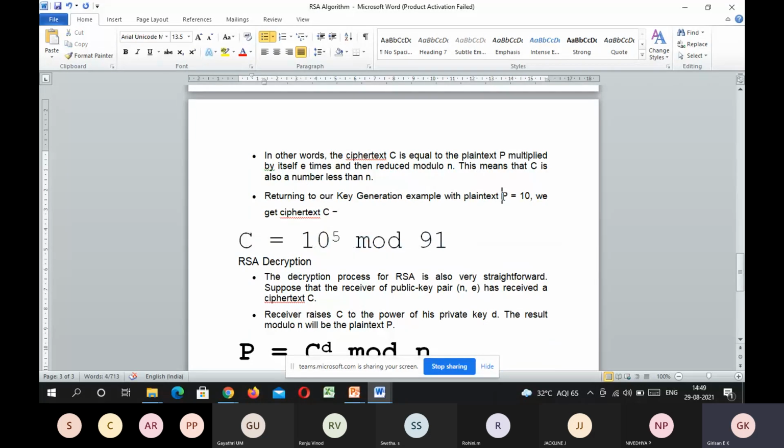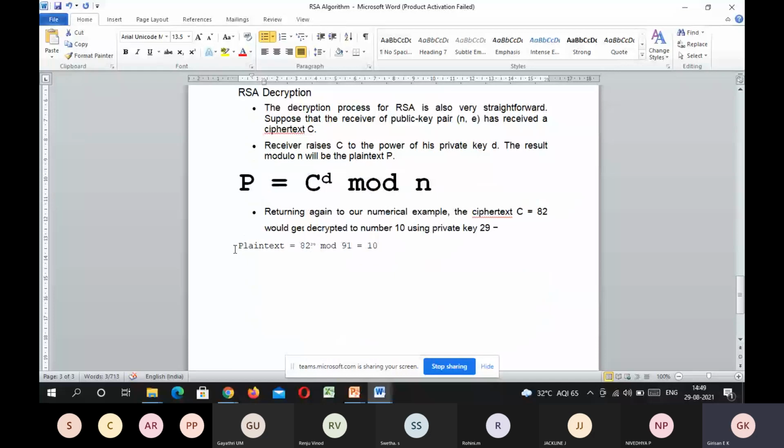So the plain text is equal to 82 power D. 82 is the ciphertext, and 29 is the private key value of D. So C power D mod N, therefore 82 power 29 mod 91.